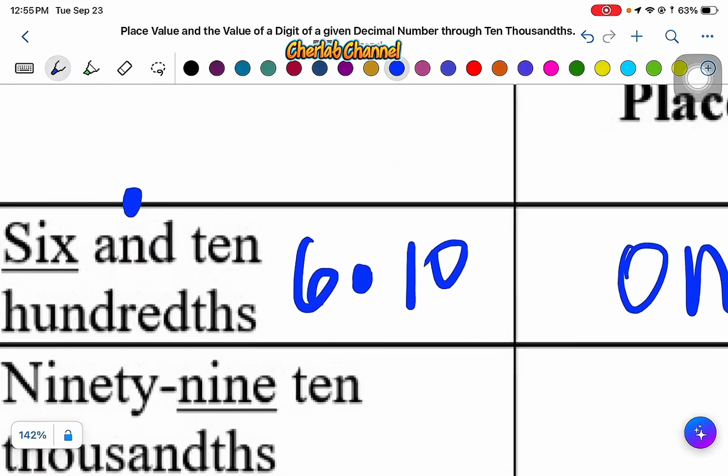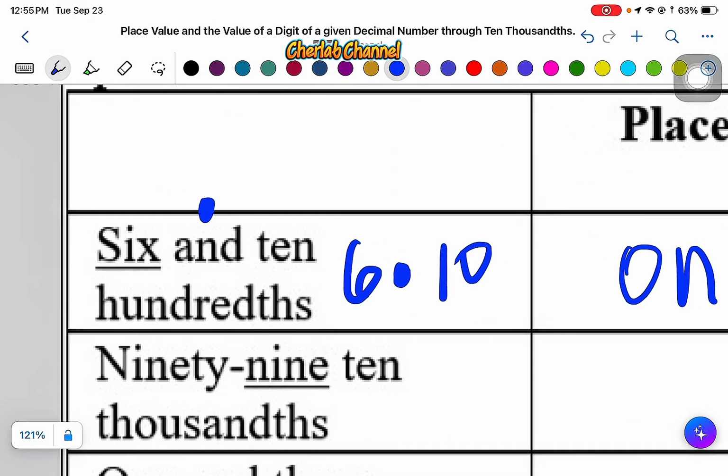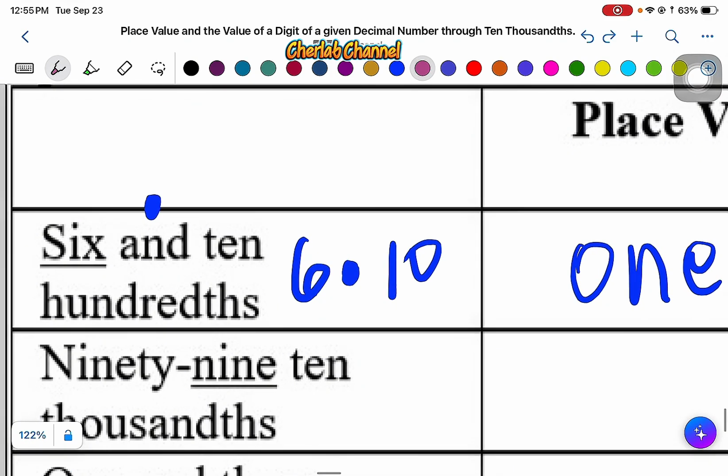Ma'am, paano naging 10 hundredths yan? And is here, si decimal point. Okay, ang basa kay decimal point is not decimal point. It would be and kapag ginamit na siya in paragraph or in words. 6 and 10. Okay? 6 and 10. Now, what is the place value of 10?